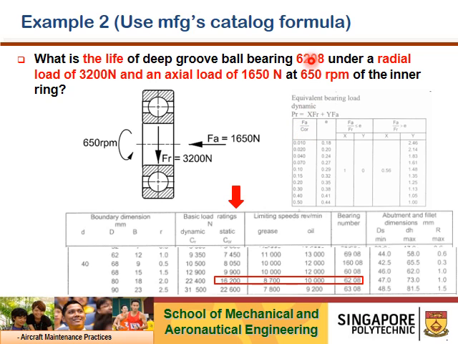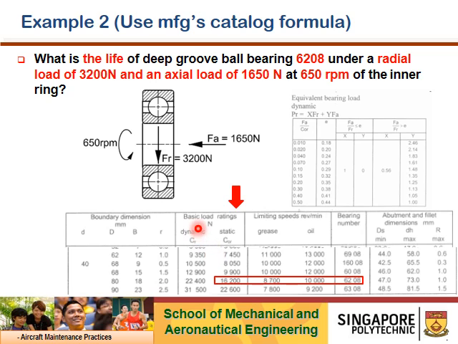The question tells you that I need 6208. I'm using a 6208 bearing. So can you turn to that page? Ball bearing, 40 diameter. I'm interested in that column. I go to the 6208 bearing number.